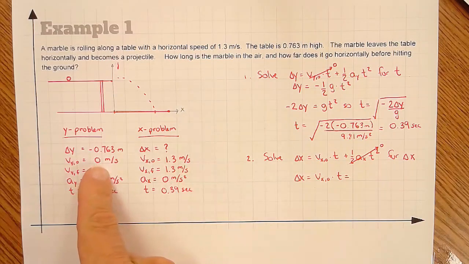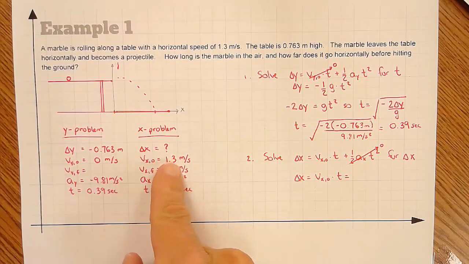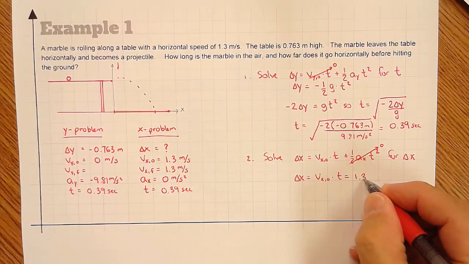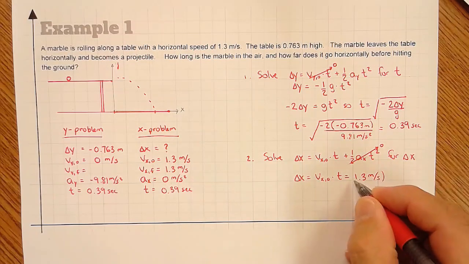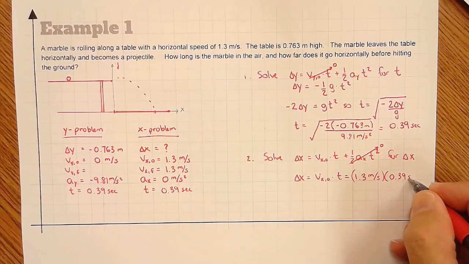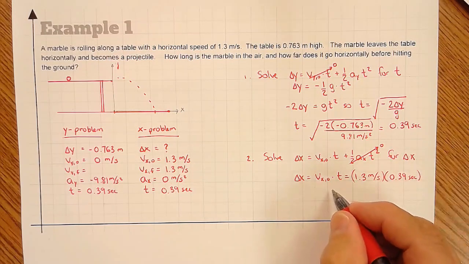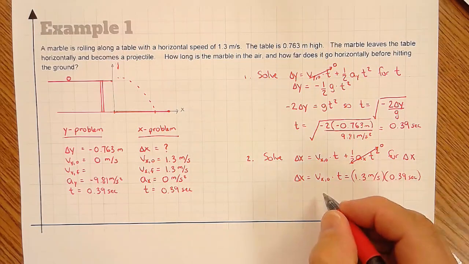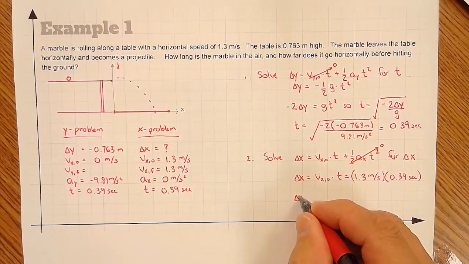The initial velocity horizontally, we know right here is 1.3 meters per second. So it's going 1.3 meters per second, and it does that for a total of 0.39 seconds. Of course, I've kept this number in my calculator, so when I multiply it, I get an accurate answer.